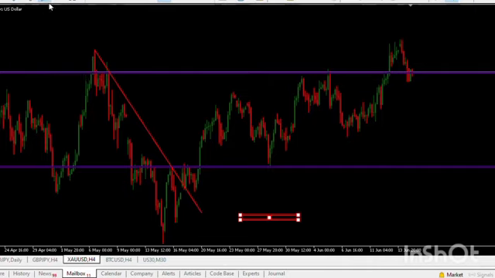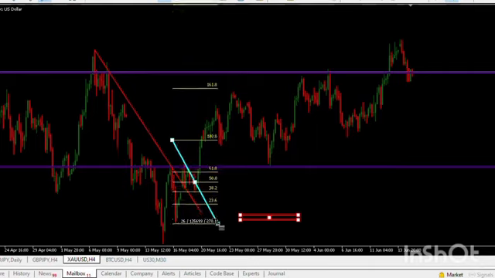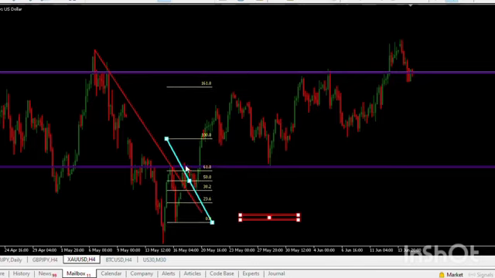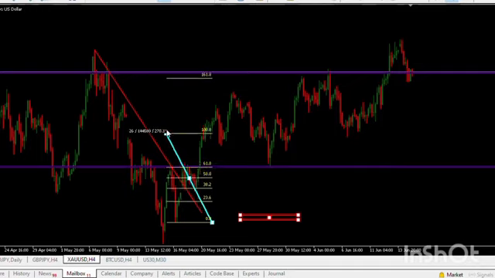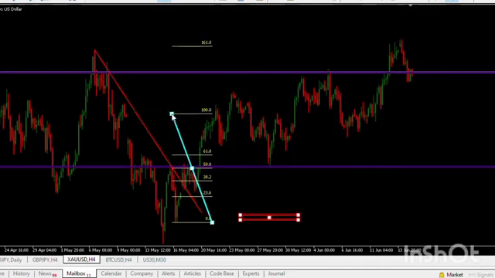If we take our Fibonacci here, because this trade was trying to rise, what then should we do? This trade moved from here to maybe this point somewhere here.